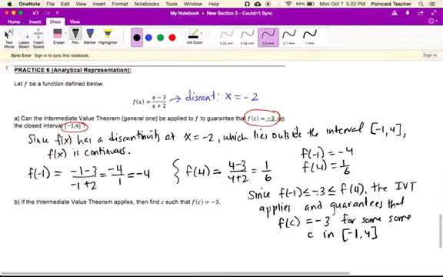So since -3 is between these two values, the intermediate value theorem applies and guarantees that f of c equals -3 for some c in the closed interval [-1, 4].